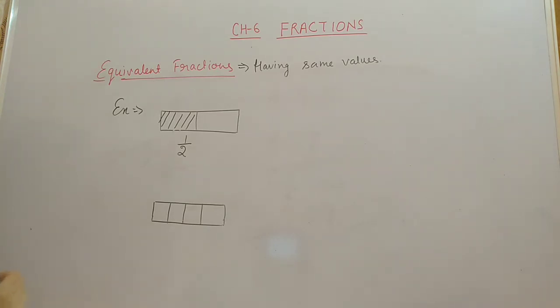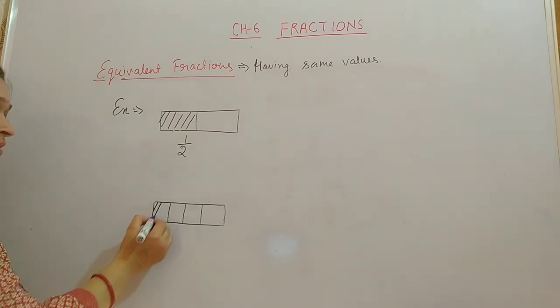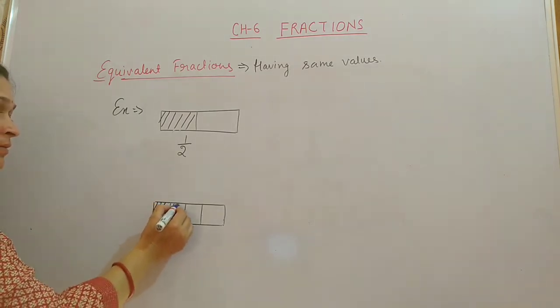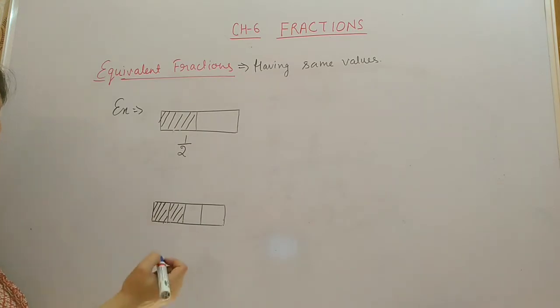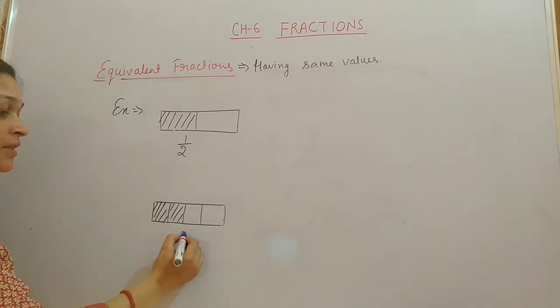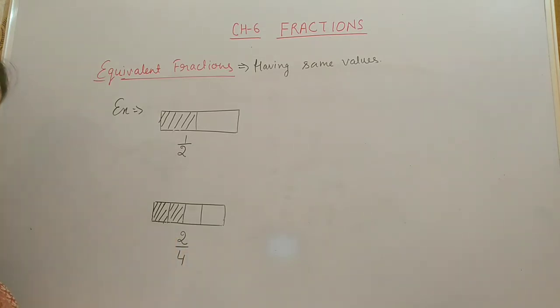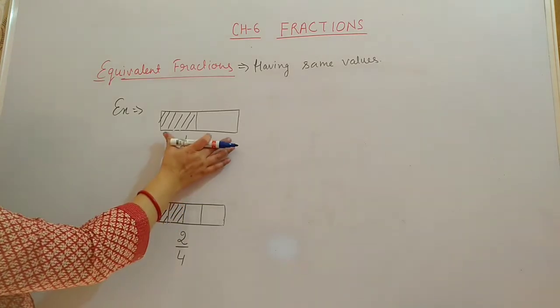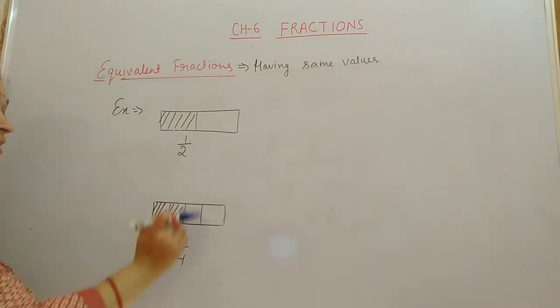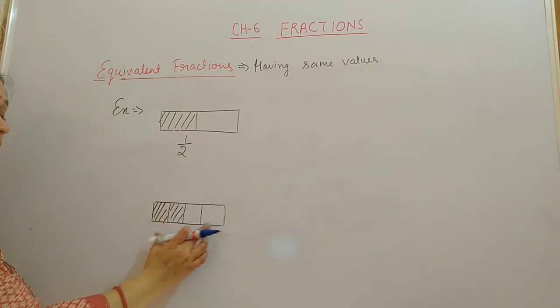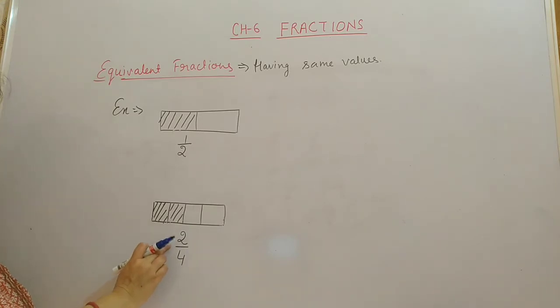Second case, suppose you have a chocolate and you divide it into 4 parts. From those 4 parts, 2 parts you give to your sister. Then 2 out of 4 parts are given. Now you can see these two fractions are equivalent fractions because their values are the same.